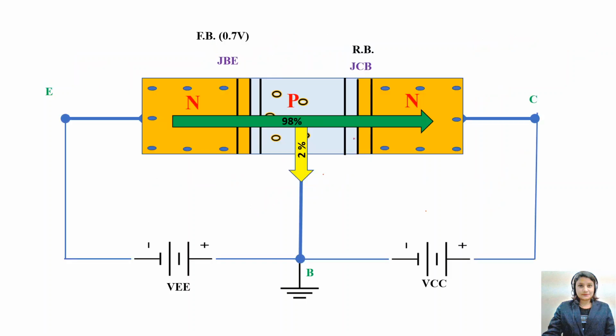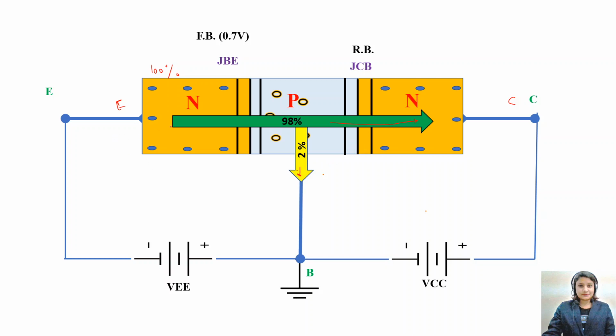In the previous video, we have seen that from the total 100% electrons from the emitter side, 98% flow towards the collector, and only a few, 2%, recombine with the holes in the p type base, right?